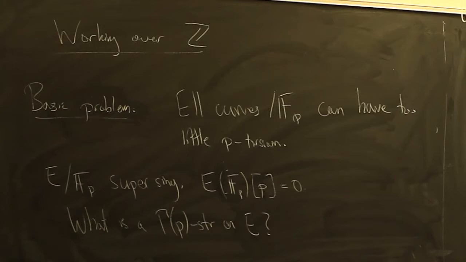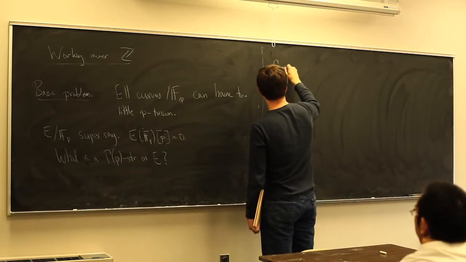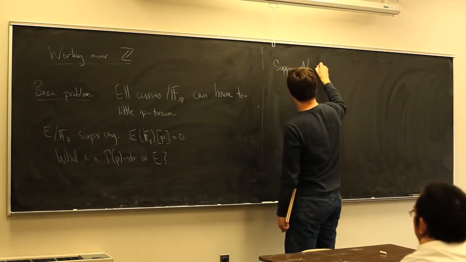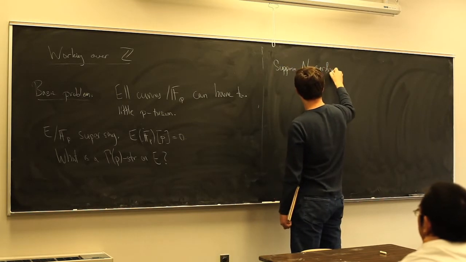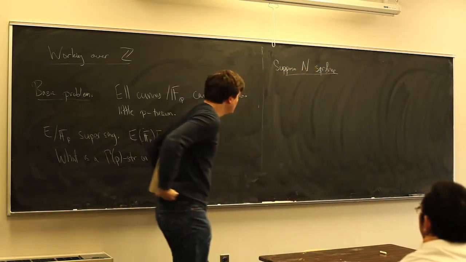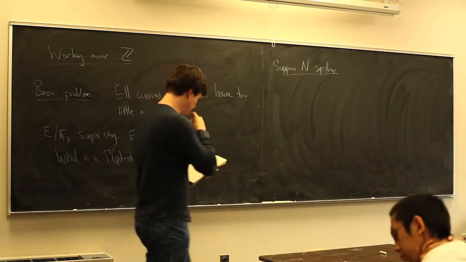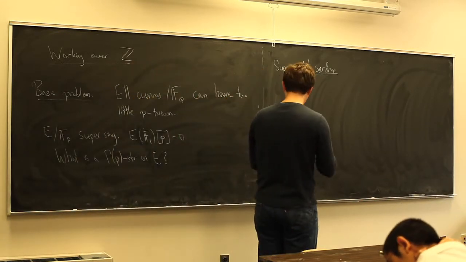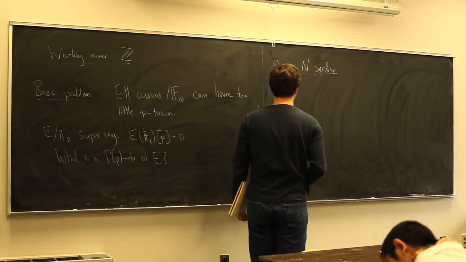And I'm actually going to suppose that n is square-free to do this, and I'll say why in a bit. Okay, so I'm going to define Gamma_0(n) structures again.